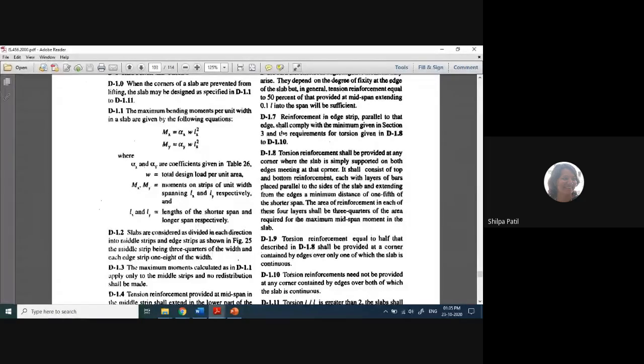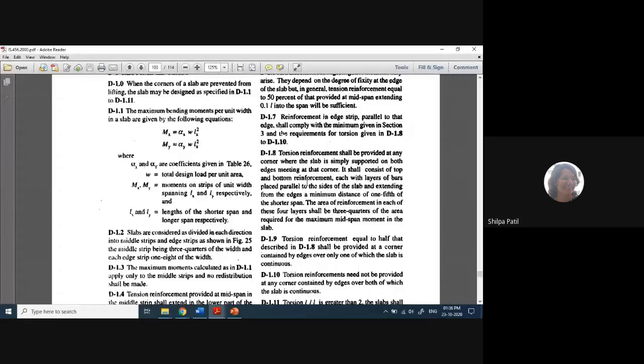It shall consist of a top and bottom reinforcement, each with two layers of bars placed parallel to the sides of the slab and extending from the edges a minimum distance of 1/5 of the shorter span. I repeat, it shall consist of top and bottom reinforcement.